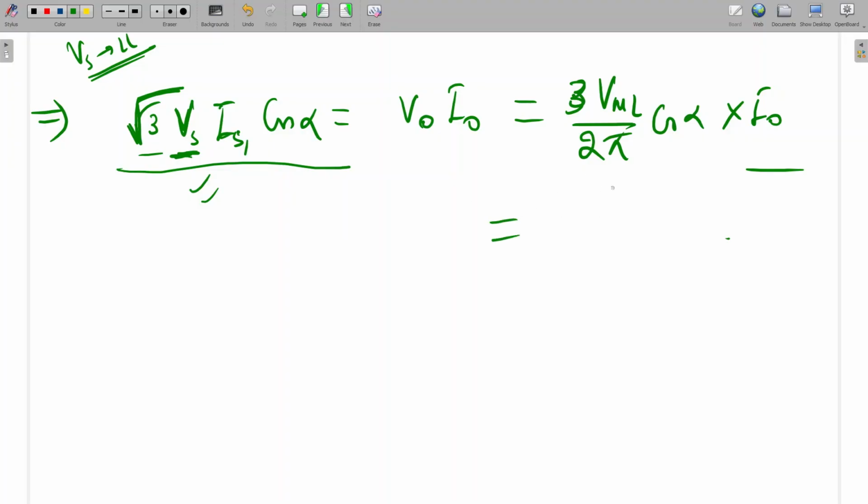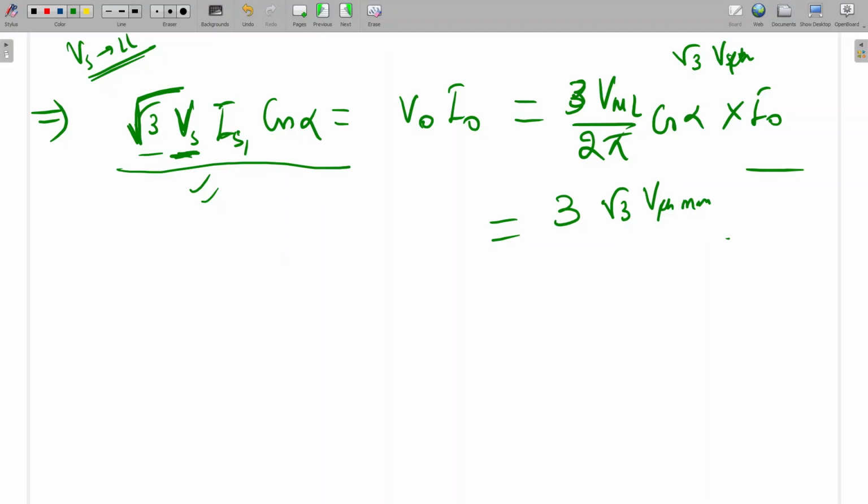So this is the maximum line to line. First, maximum line to line means root 3 times the maximum source phase, so 3 into root 3 into Vph max.